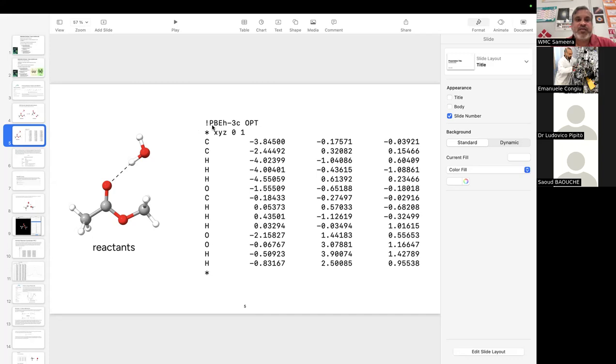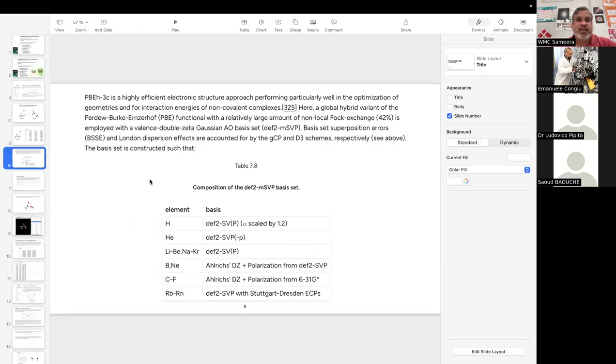I want to explain the keywords. You're using the method PBEH3C. The meaning of that is also explained in the tutorial. We are using the PBE functional, and it has 42% non-local Hartree-Fock exchange. It's a kind of mixing between the conventional PBE with the Hartree-Fock exchange, so some functionals have that option.